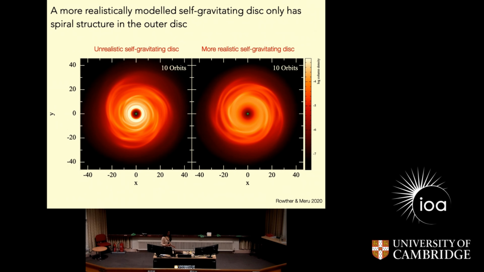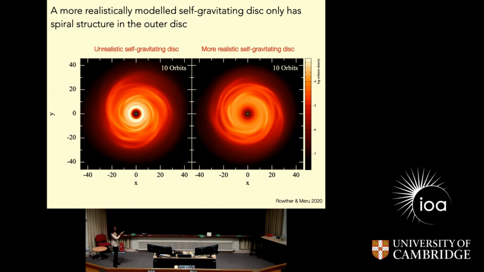And so here are two images from two simulations. One which I call an unrealistic self-gravitating disk, which is basically one which is turbulent from the inside all the way to the outside. It's a bit like the simulation image that I showed you 2 slides ago, where you had a lot of spiral structure.